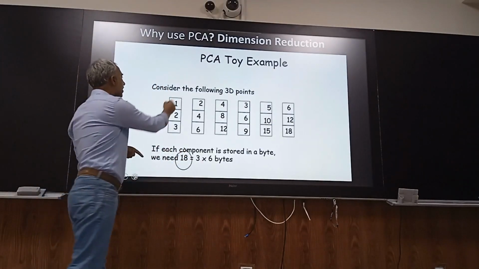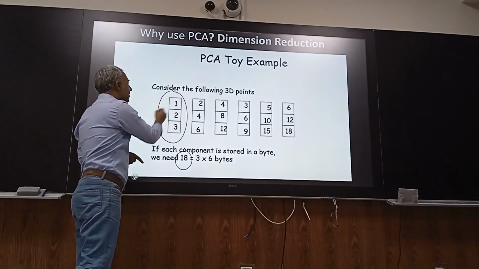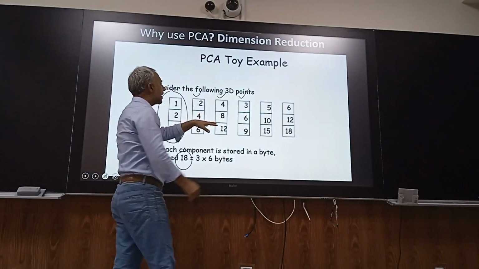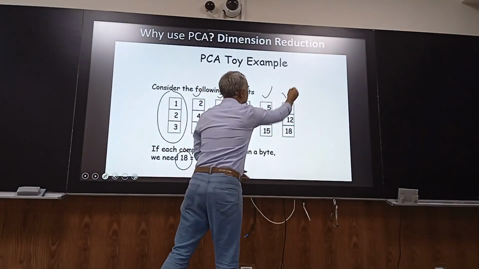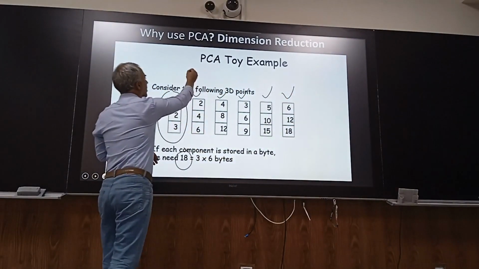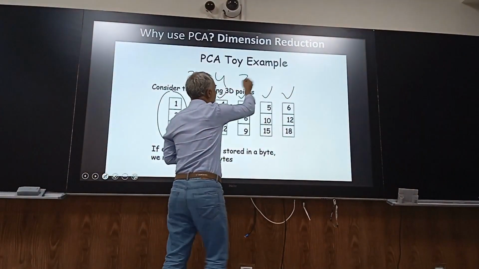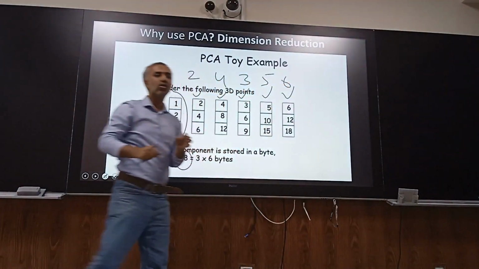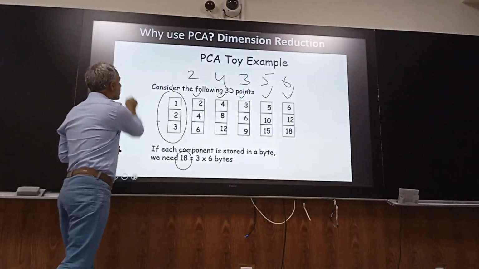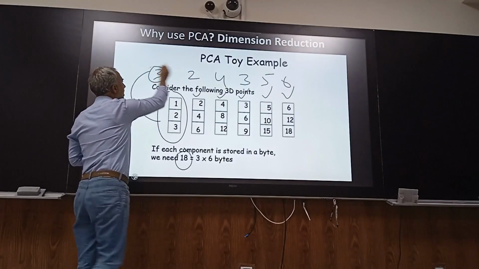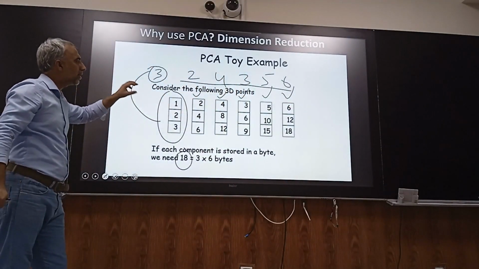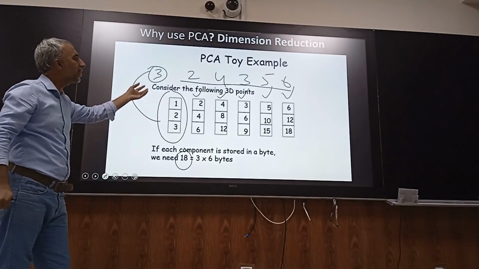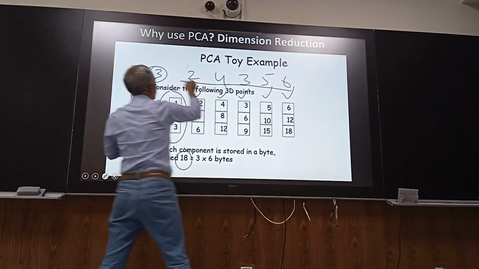However, if we notice the first point is 3 times upscaled in this point, 5 times upscaled in this point, and 6 times upscaled in this point. So we have 2, 4, 3, 5, 6 as the constant coefficients, and these 3. So how many bytes will be required to save this data?